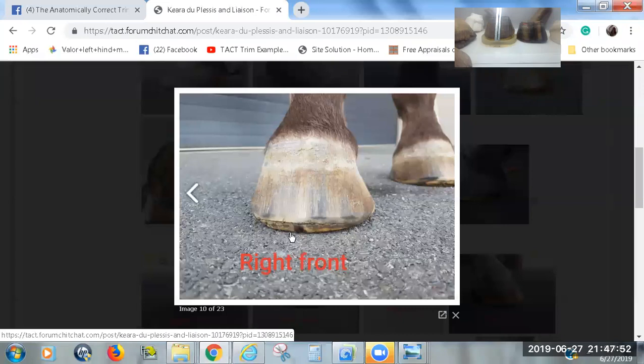Yeah, see, and the thing is, your wall quality is always bad too, and the periople is always like this, just really very shabby looking. That's all part of the symptoms, I guess, or signs that you'll see.